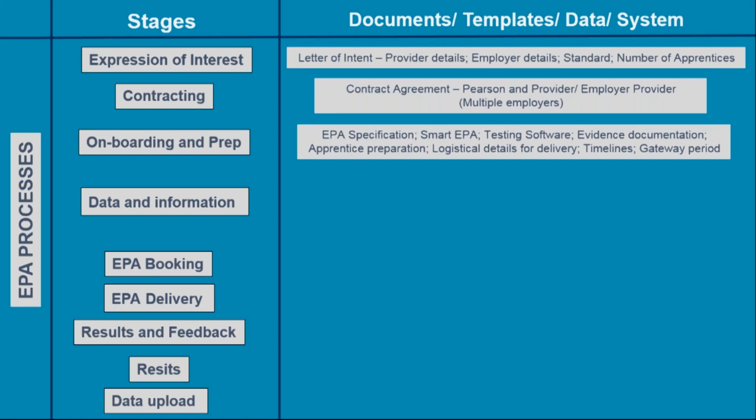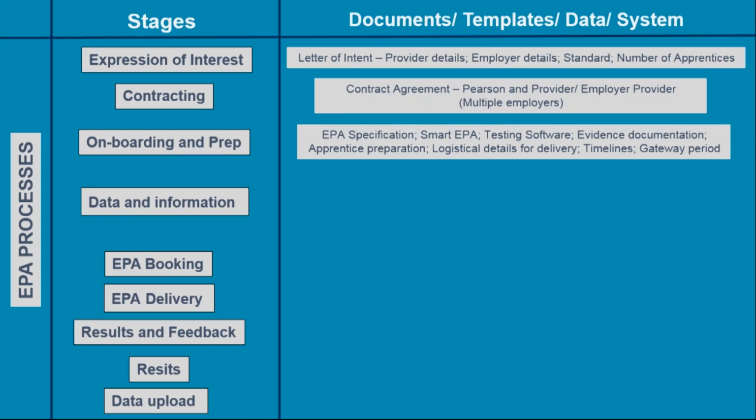With the introduction of Smart EPA, we are going to cut down our EPA planning meetings, so we no longer need them in the extensive format that we have been carrying out. The reason being that once you have signed a contract and you have access as a user to Smart EPA, you can access all of these documents on Smart EPA directly.